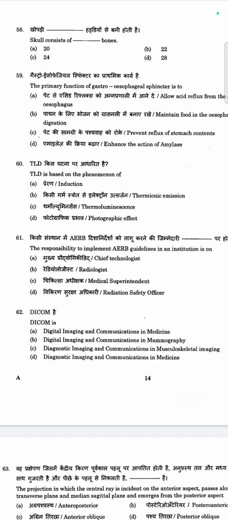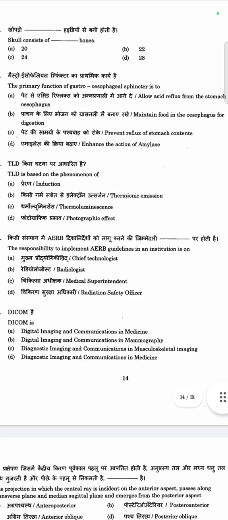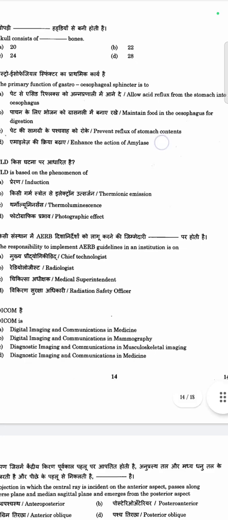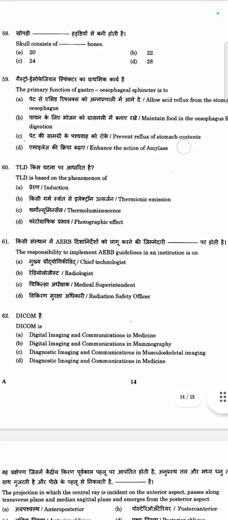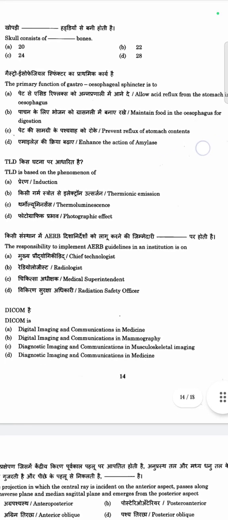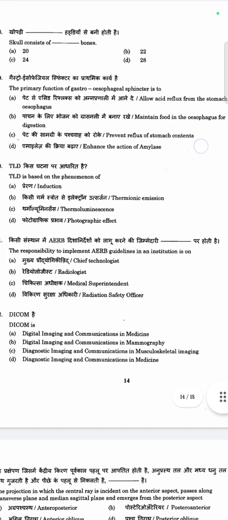Primary function of the gastroesophageal sphincter. What is the function of the esophageal sphincters? Allows reflux from the stomach into the esophagus, maintains the food in the esophagus, prevents the reflux of stomach contents, and enhances the action of amylase. So, allows acid reflux from the stomach into the esophagus?